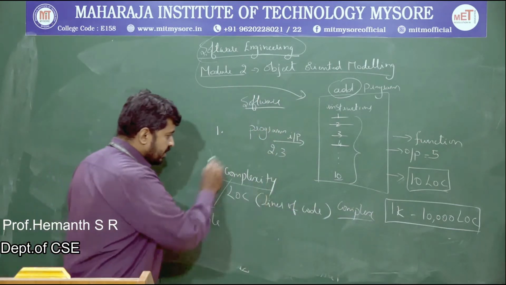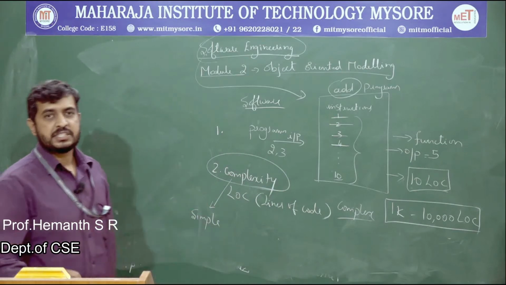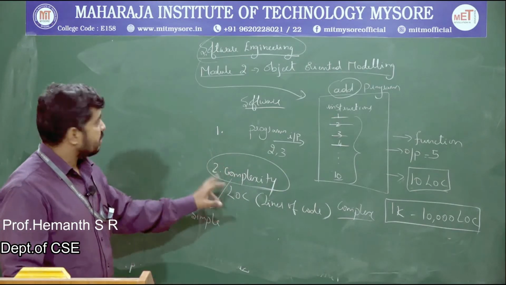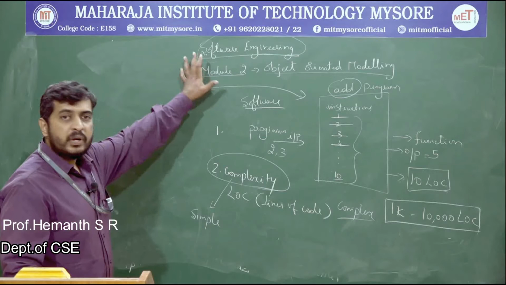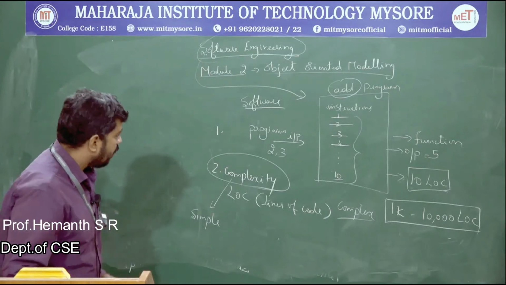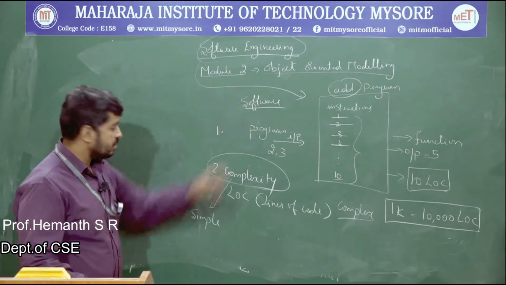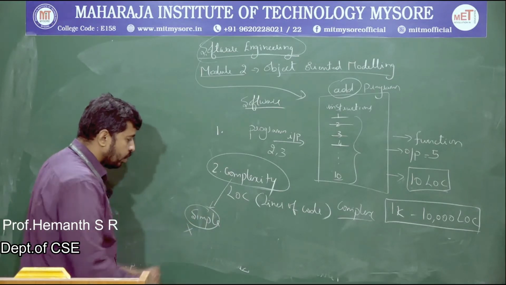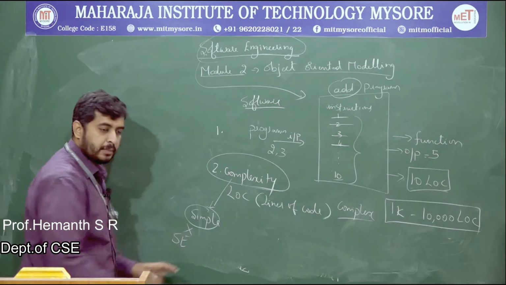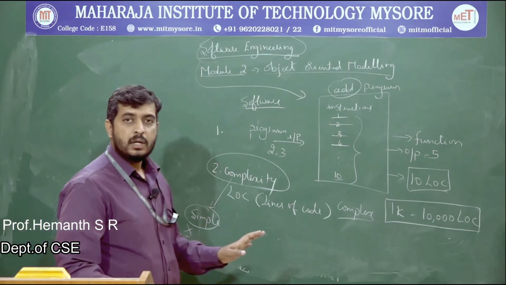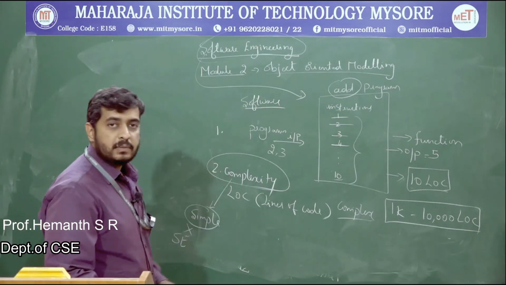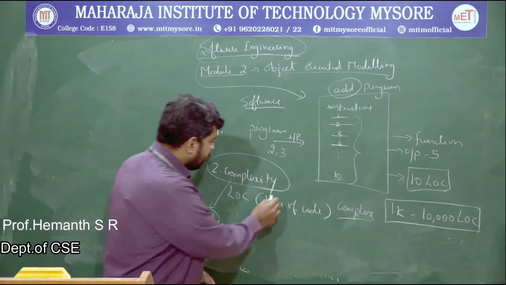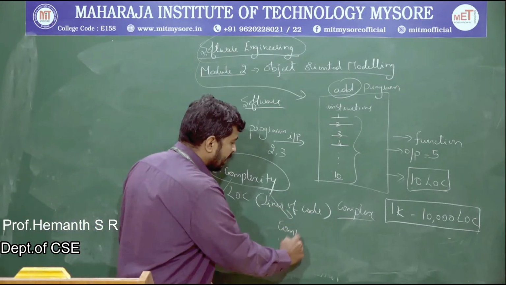Now why was this complexity taken into consideration or discussion? The agenda here is where you need software engineering. Do I need software engineering principles if the program is simple? Okay, the answer to this question is no. You do not need software engineering principles and practice if the program is simple. What if it is complex? What if the software is complex?